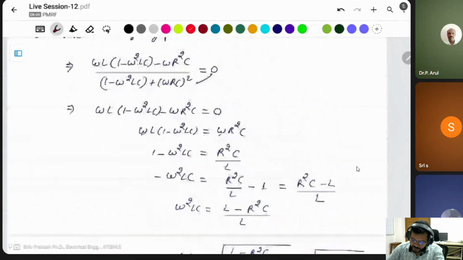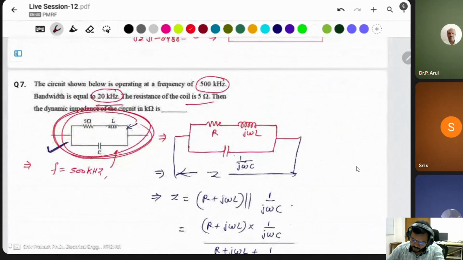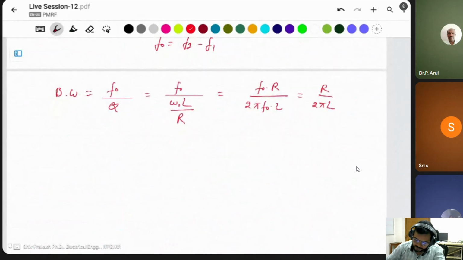In this case, R is mentioned as 5 ohm. Then we can find the L value. Bandwidth is given as 20 kilohertz, that is 20 into 10 to the power of 3. R is 5, so 5 divided by 2 pi into L is equal to 20 into 10 to the power of 3.